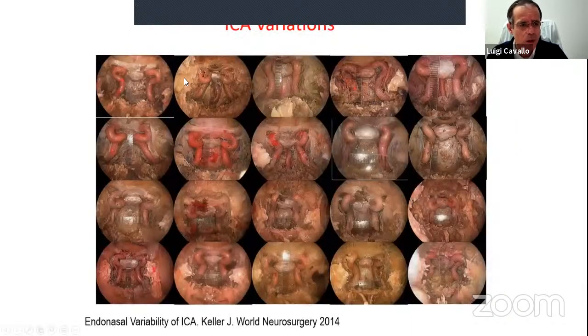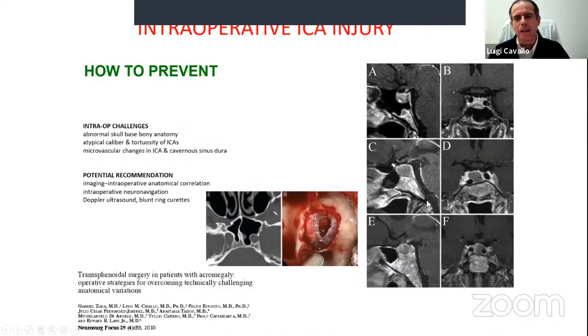In doing that, we have to remember the extreme variability of the carotid artery prominence around the sella. And this tortuosity of the carotid artery is particularly evident in acromegalic patients. You can sometimes have kissing carotids just in the middle of the sella.